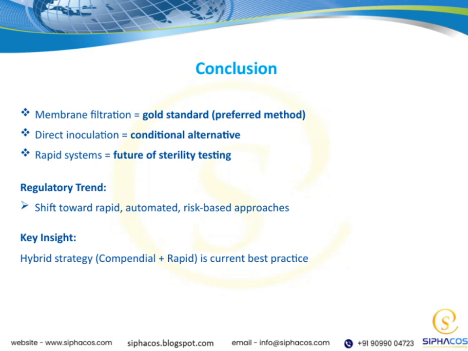In terms of regulatory trends, there's a clear shift toward more rapid, automated, and risk-based approaches, which align with the industry's need for quicker decision-making and enhanced safety. The key insight here is that a hybrid strategy, combining traditional compendial methods with rapid techniques, is currently the best practice. This approach maximizes reliability while also leveraging the benefits of speed and automation, ultimately supporting better quality control in our industry. So, embracing this hybrid model helps us stay aligned with regulatory expectations and prepares us for the future of sterility testing.